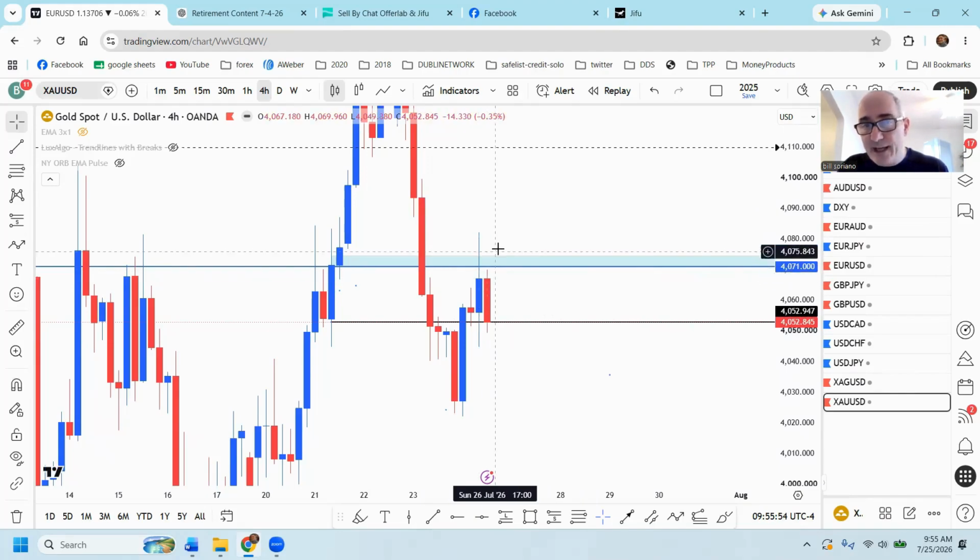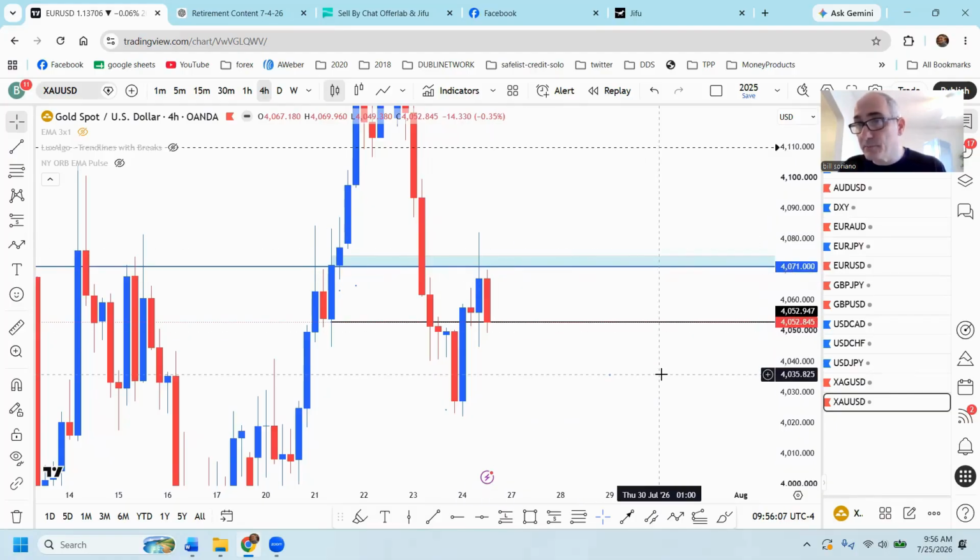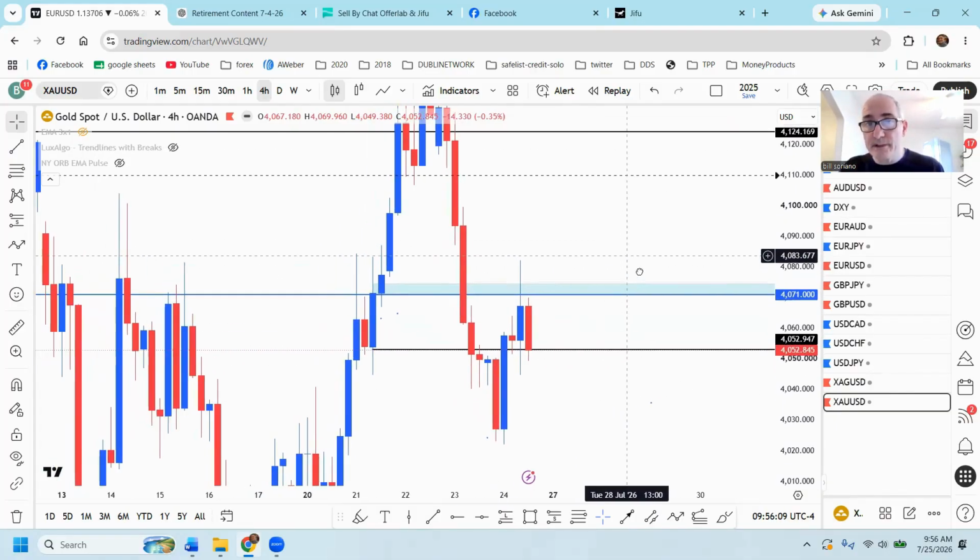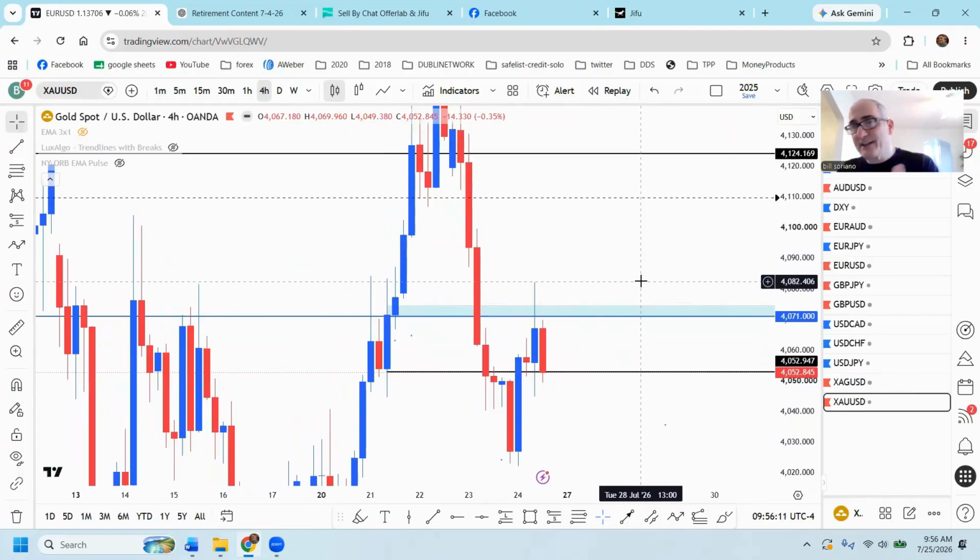And many times you get candles that come up in here, but you never get a 4-hour candle that opens and closes above. So until that happens, we're still bearish on gold, and we will be when we start this trading week.